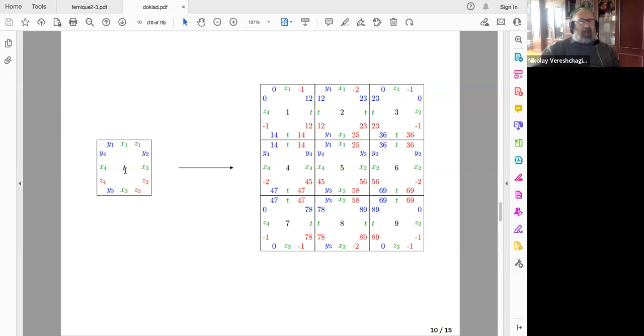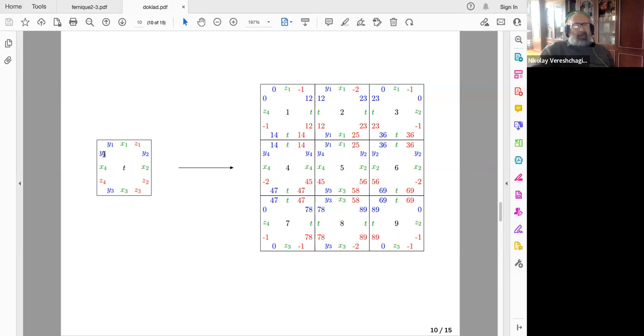For a moment, I will allow a number on the tile. We will later remove this number. This number T in the middle of the tile is called the type of the tile.